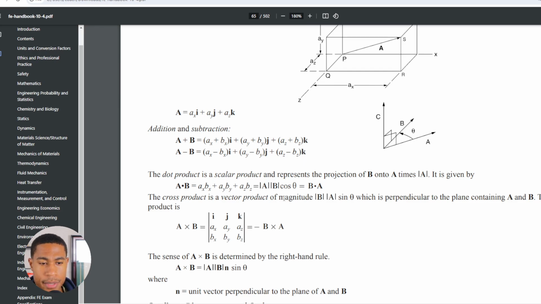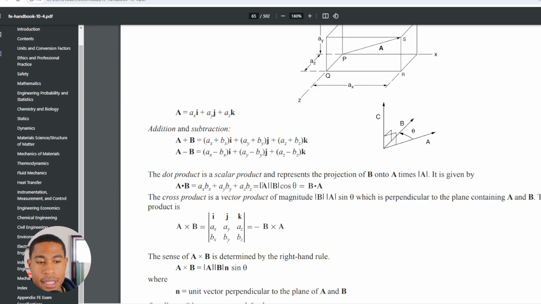And we'll do some examples, but basically to get the dot product, A dot B is going to equal your a_x, or your x component of A, times your x component of B, plus your y component of A times your y component of B, plus your z component of A times your z component of B.